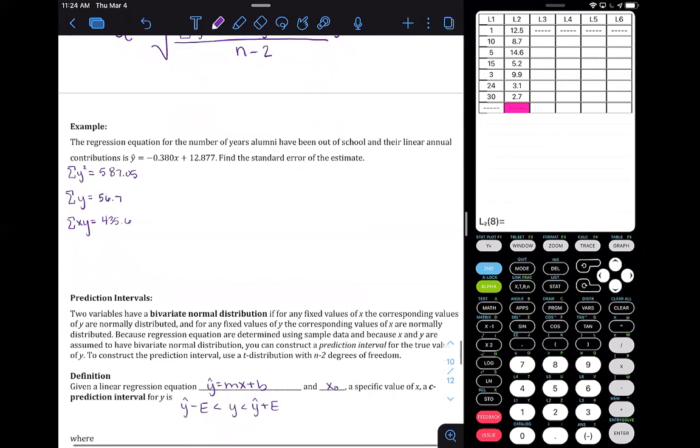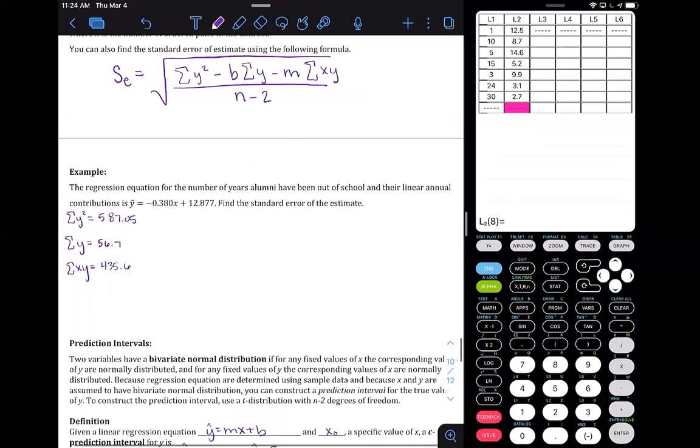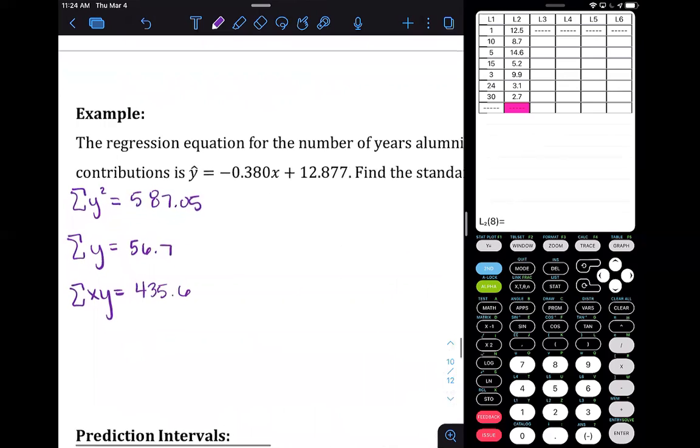So the regression equation for the number of years alumni have been out of school and their linear annual contributions is y hat equals negative 0.380x plus 12.877. Find the standard error of the estimate. So to use our formula, we need to know these values that we already found.